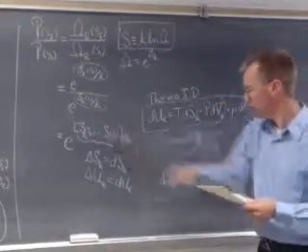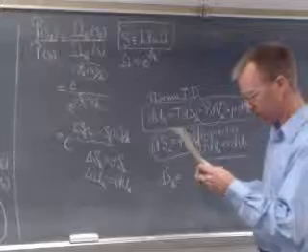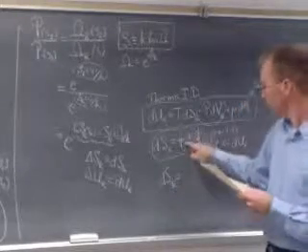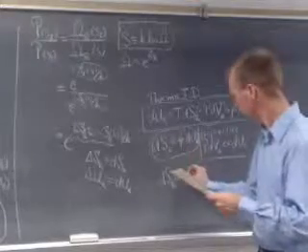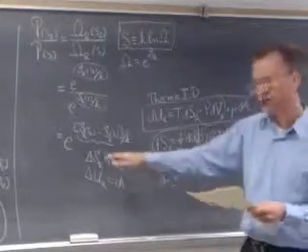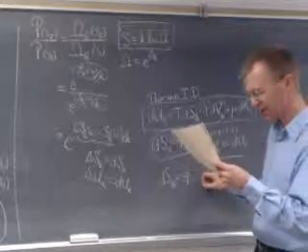I've already told you that's dS sub r. So that is 1 over T dU. dU sub r is the change in the reservoir's energy.